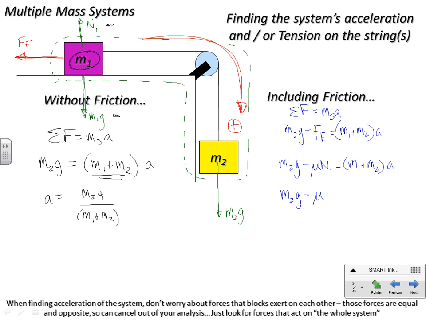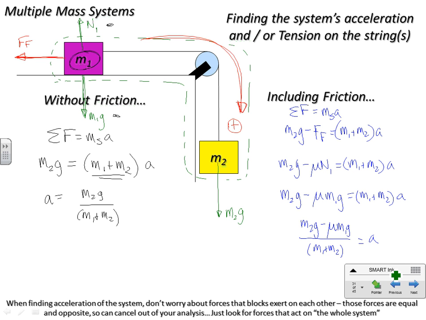N1 is equal to M1G, so M2G minus mu M1G equals M1 plus M2 A. And we could write an expression for A here: M2G minus mu M1G, divided by the sum of the masses, equals A. Okay? Yikes.